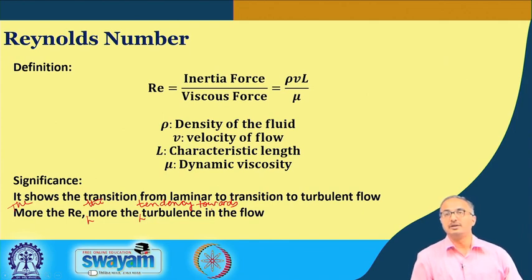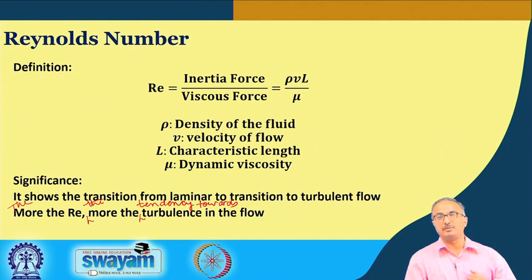Okay. So, it is not that we will always get turbulent flow. I can stay within the laminar flow, but I can still have a high Reynolds number. And you know there is something called the critical Reynolds number, below which we assume laminar flow, and above which we assume turbulent flow.